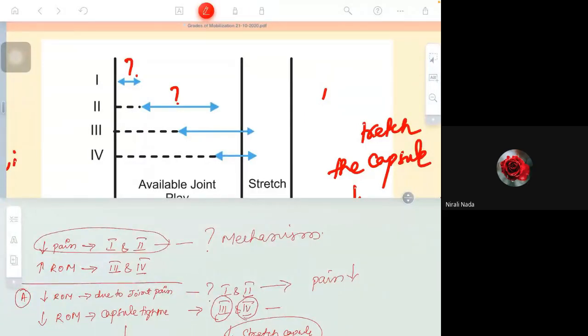You know 3 and 4 stretch the capsule, so range of motion increases. But how do 1 and 2 reduce the pain? So what is the mechanism?